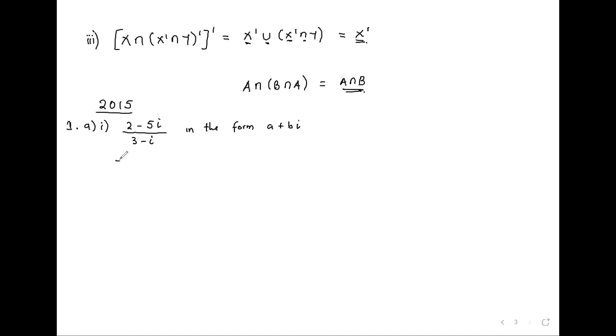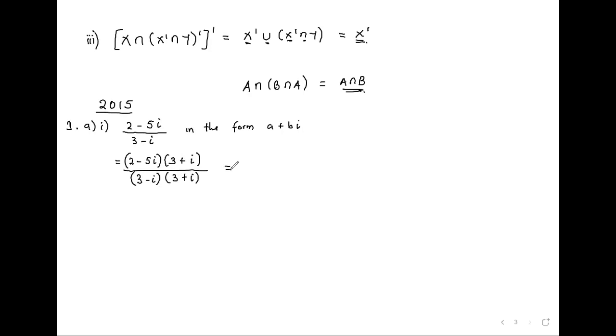So you go straight to conjugating. You multiply the numerator by the denominator, except in the denominator you change the sign of the i, or the coefficient of i if it is not just i.